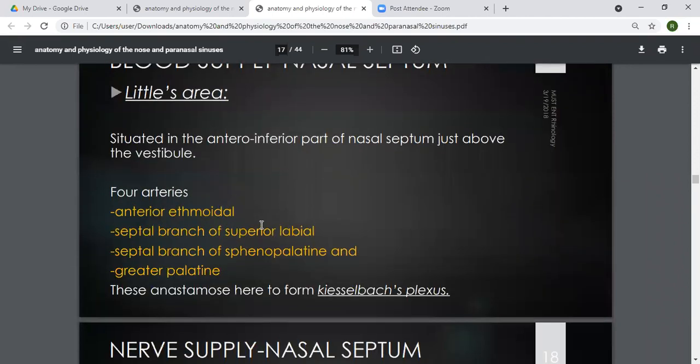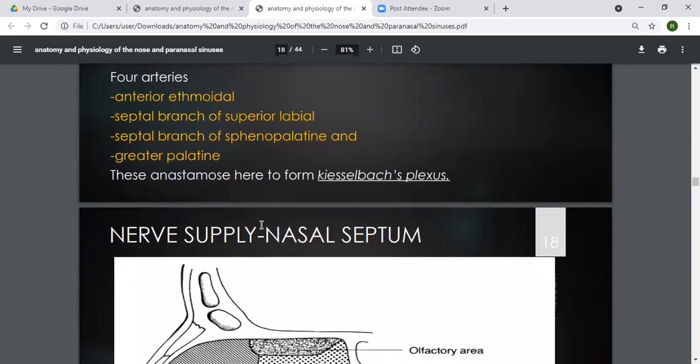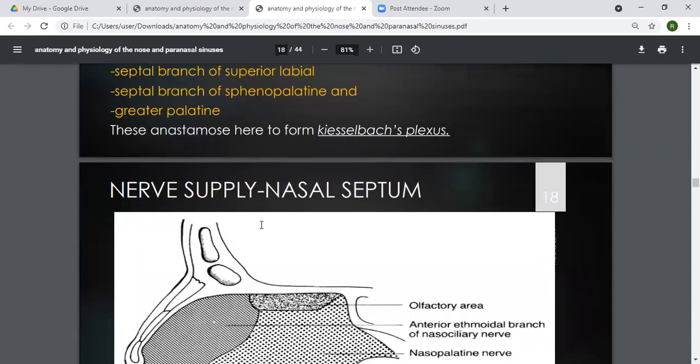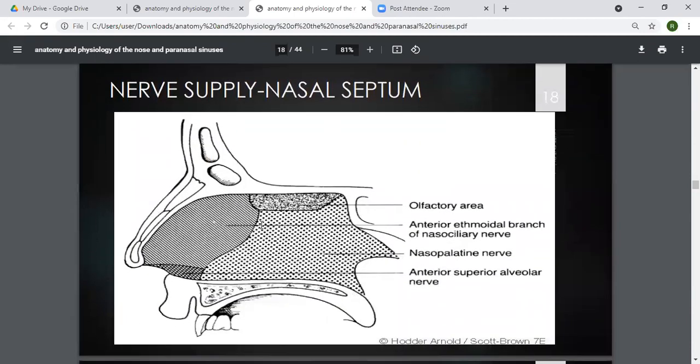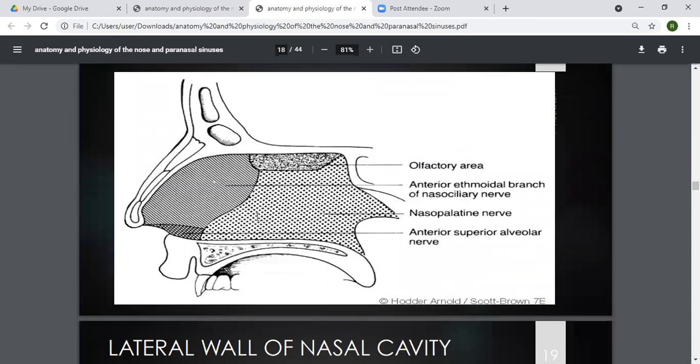So we've been able to see where we find Little's area, and the arterial blood supply to Little's area. Now, when we get to the nerve supply of the nasal septum, this image should help us. Remember, there were openings here through the cribriform plate where the olfactory nerves enter into the nasal cavity.